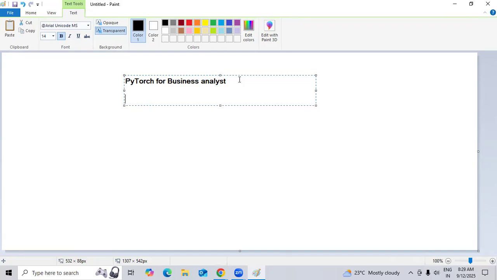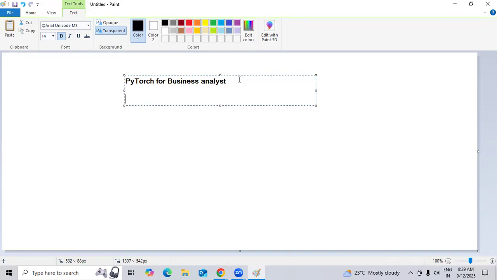So PyTorch is one of the models. Of course, it's an open source deep learning framework. But from a BA context, as business analysts, we are majorly focused on understanding the requirements, detailing those, and making the necessary business solutions, translating them into system requirements in connect with the technical team.